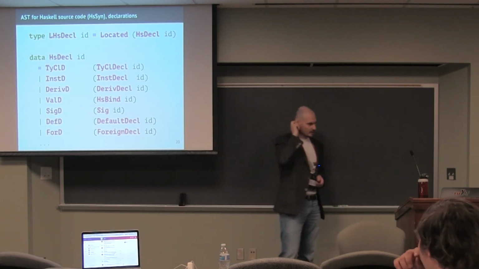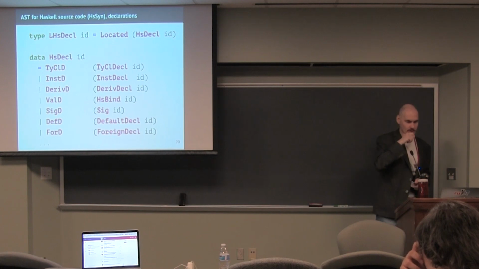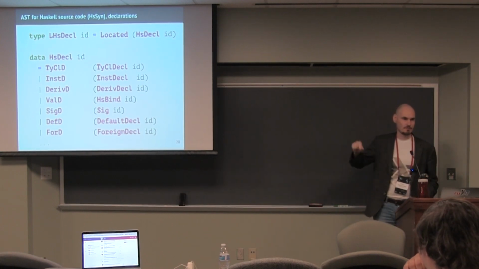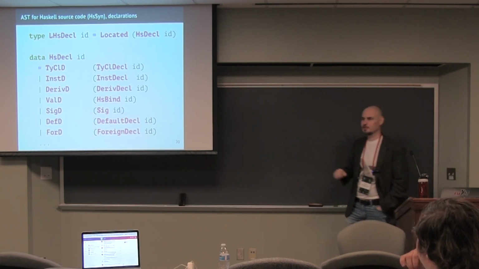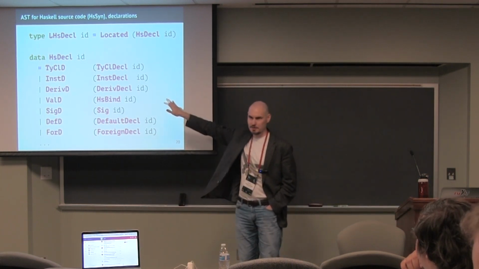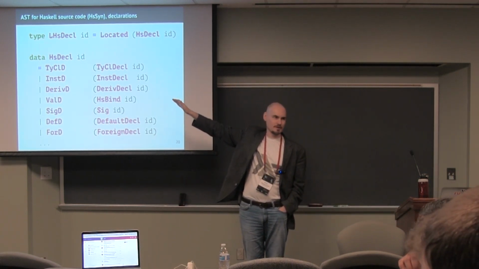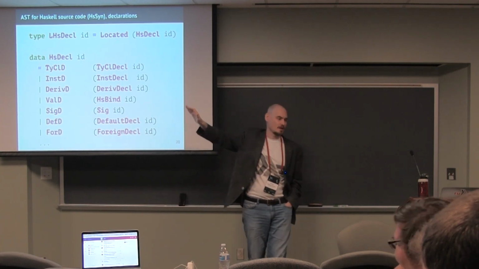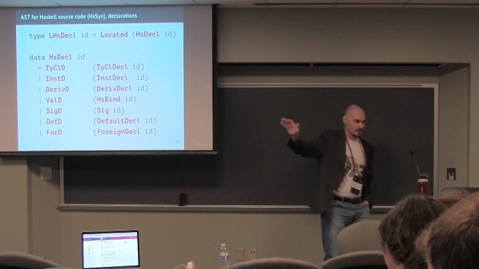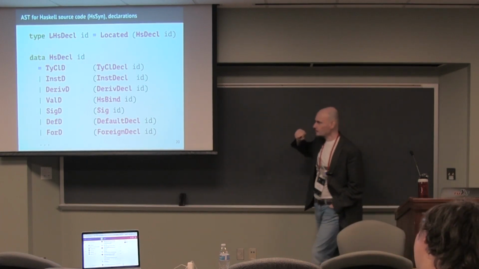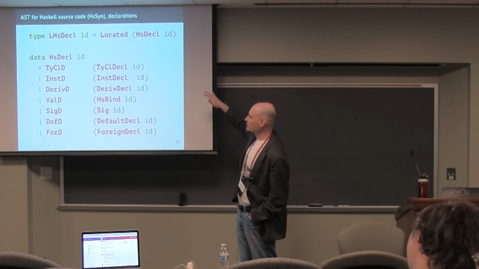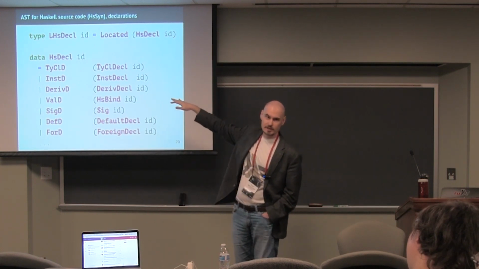And I will use this slide to show you how convenient it is to understand these prefix names. For example, Ty always means type. Type is a very long word, so it's always abbreviated to just Ty. So the first declaration is the type class declaration here.